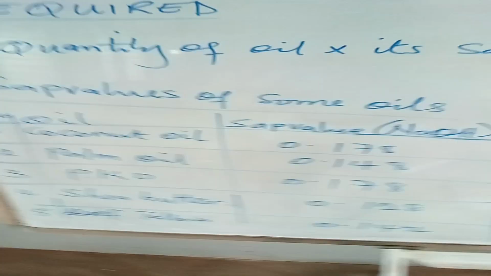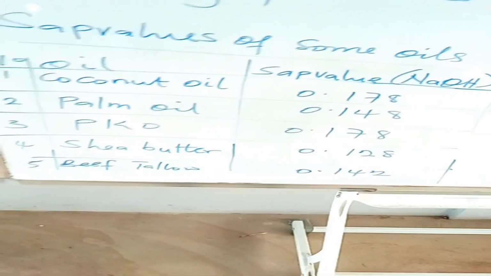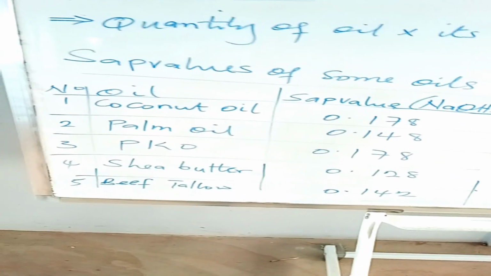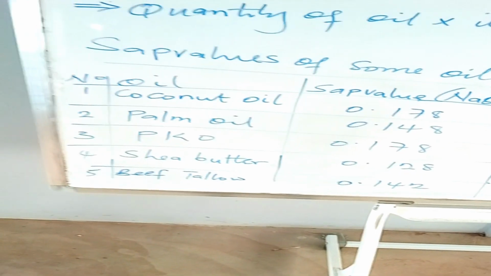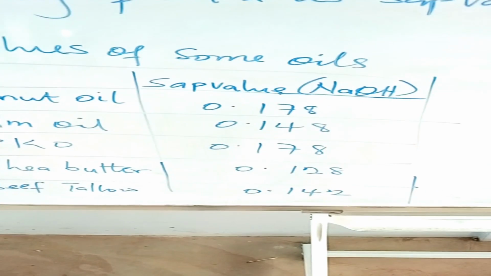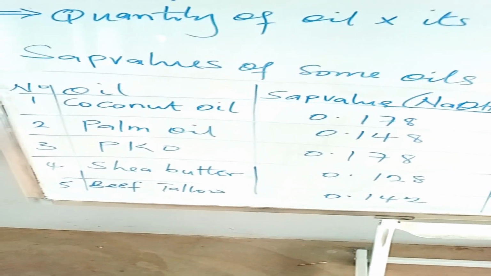So let's look at this table. I've just brought a few oils with their saponification values, but the saponification values are not fixed, and when you search online you may get some values that vary slightly from what we have here.